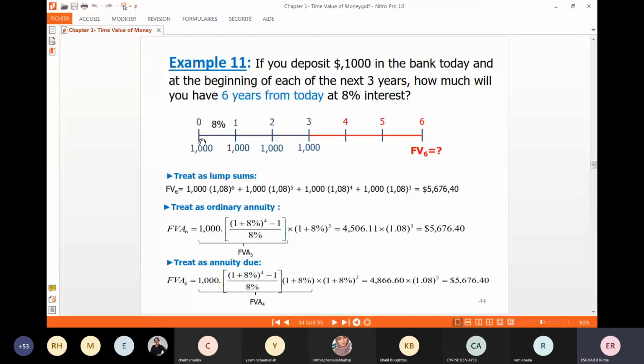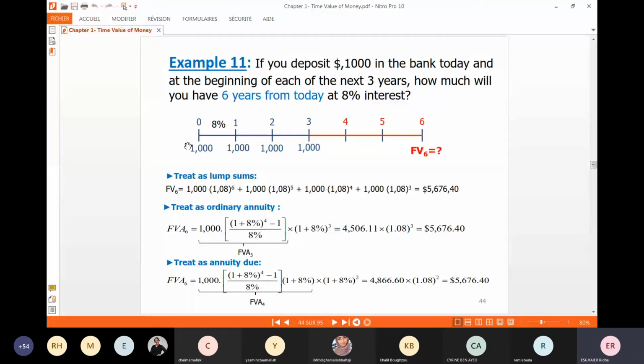This timeline will allow you to understand the problem and to solve it later. So, the first deposit today at the date 0. Then, at the beginning of each of the next 3 years: the next first year, next second year, and 3 years from now. So, the totality of the deposits were 4 deposits, today and at the beginning of the next 3 years. That's 4 deposits, so the n here is 4.